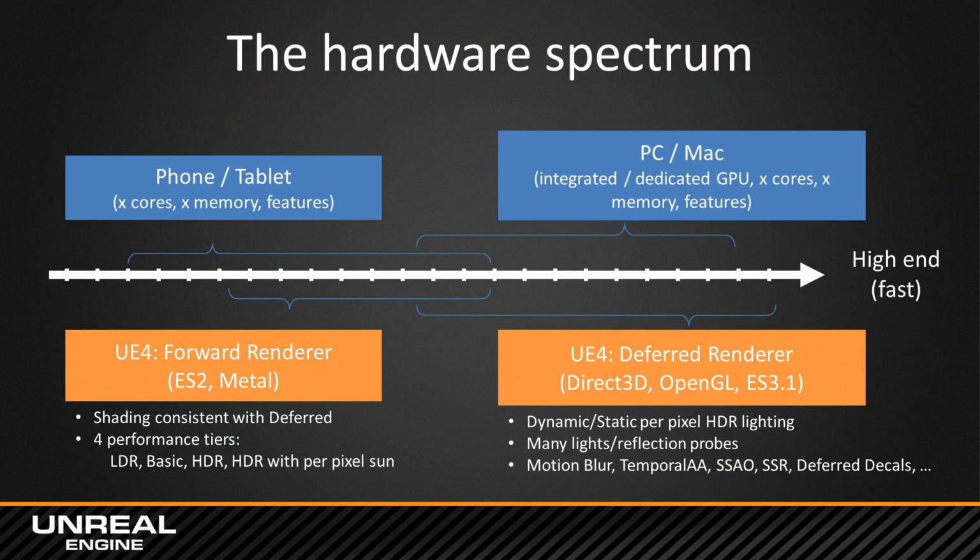We also have 4 performance tiers just to target the individual pieces of hardware. They are better at doing it in LDR rendering, not HDR, or doing it with some basic shading, or doing HDR rendering, or doing HDR with some per pixel sun. So this is just multiple decisions that we made on the engine side.